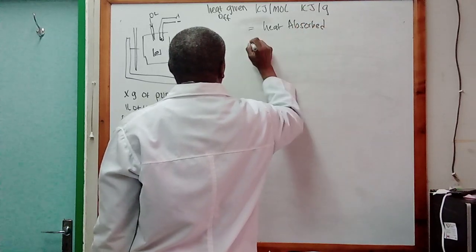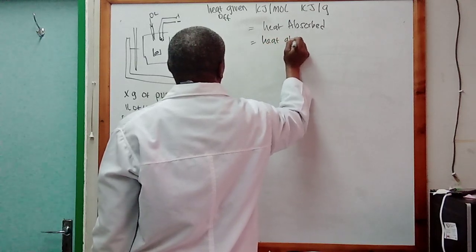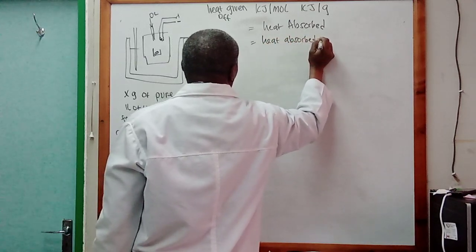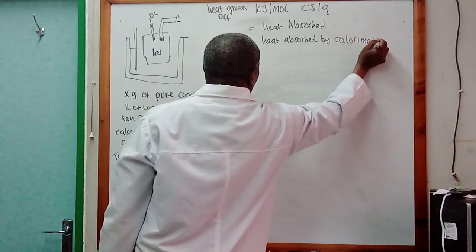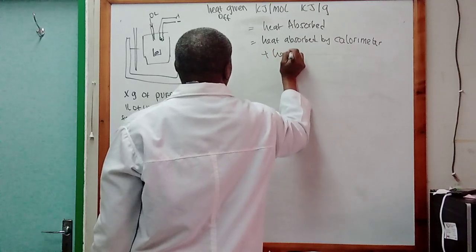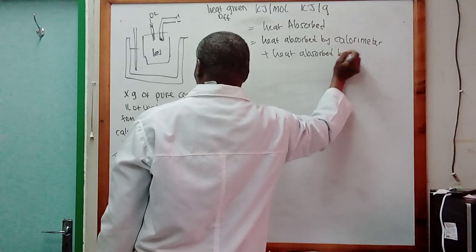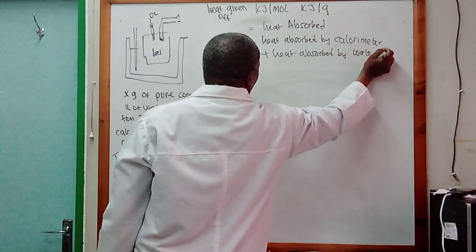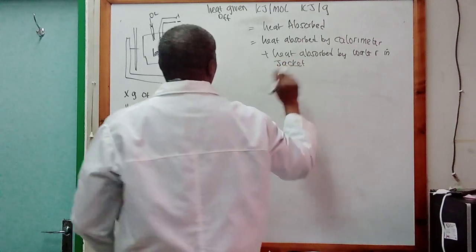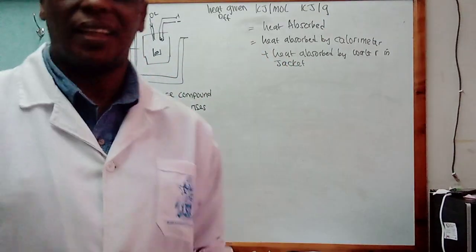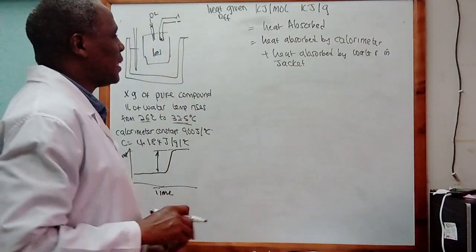And this heat absorbed is equal to the heat absorbed by the calorimeter plus the heat absorbed by the water in the jacket, which is holding the calorimeter, in which the calorimeter is immersed.